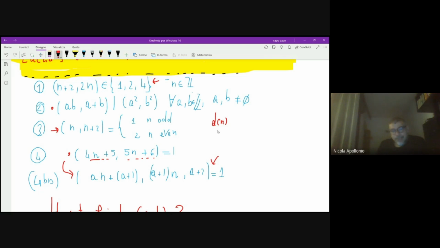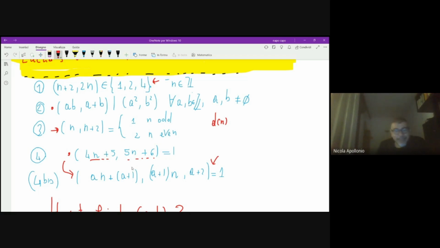If this is the greatest common divisor of these two numbers, then it must divide the two numbers and any of their linear integer combination.